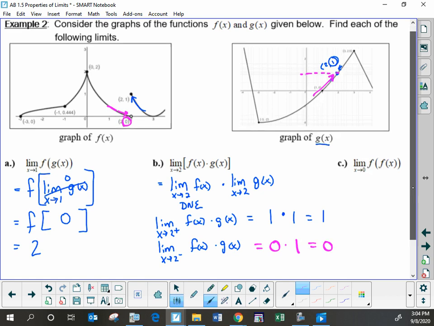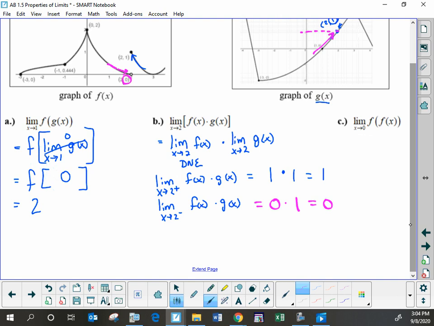And now, without a doubt, I can say the result, I can do the therefore, three little dots in math is therefore. Therefore, this does not exist because the left did not equal the right. So these two are not equal, and for that reason, we do not have a limit.